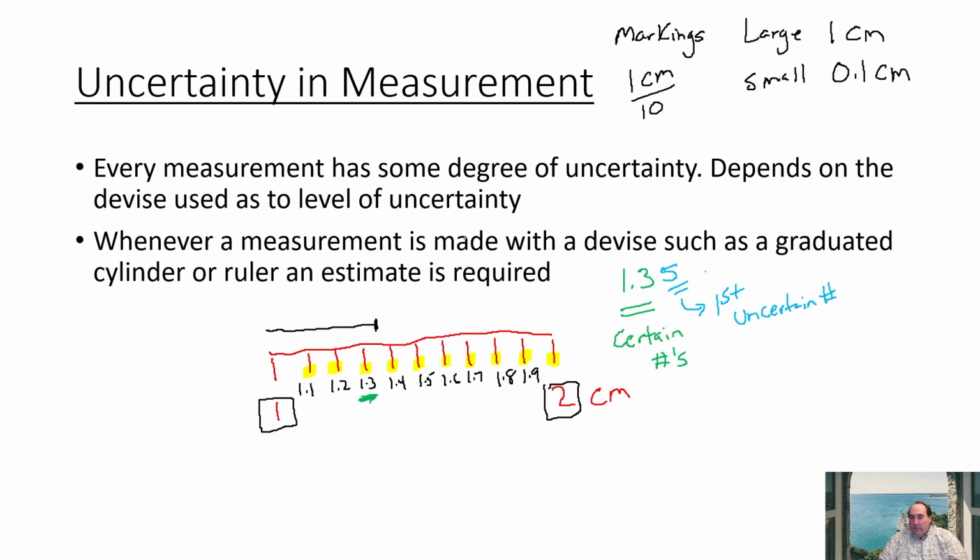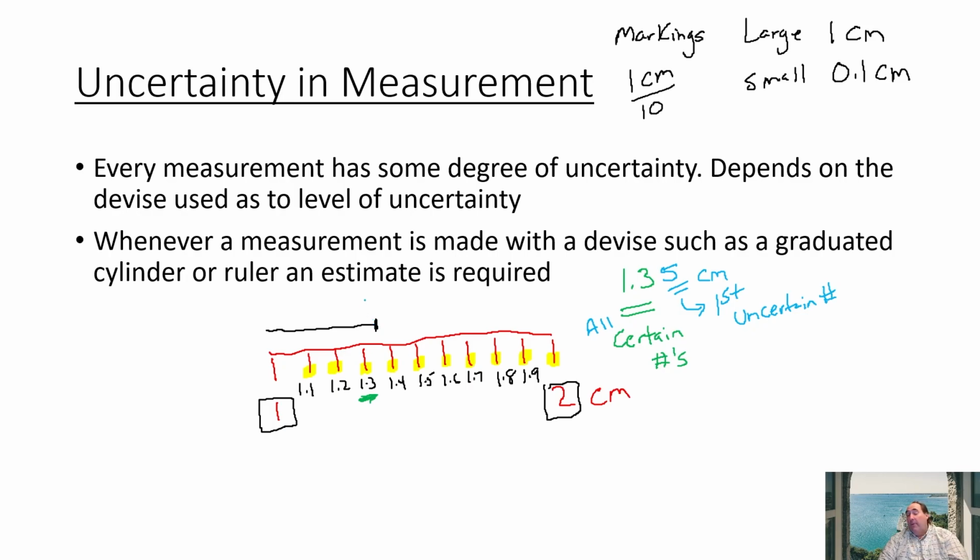And obviously here we would record our units of centimeters. So here we would record 1.35, which is all of the certain numbers and that first uncertain number.